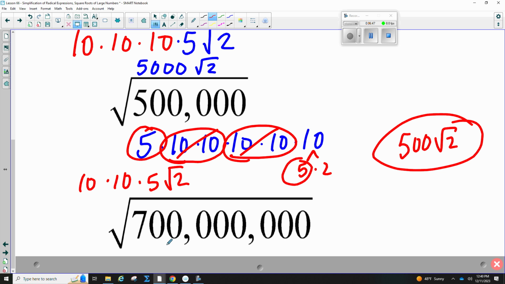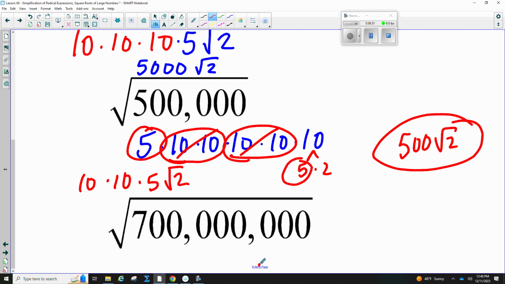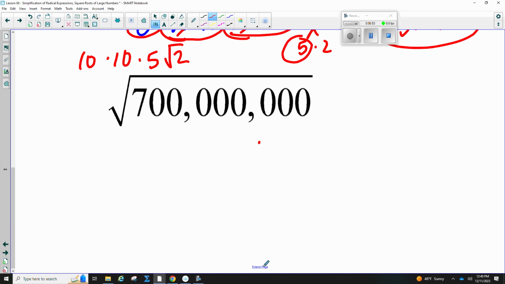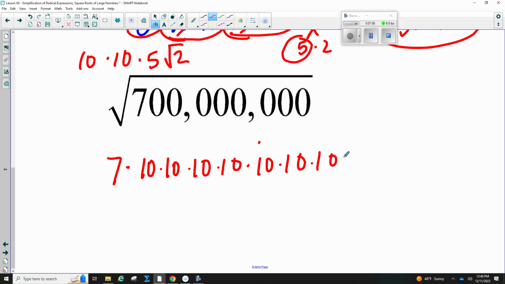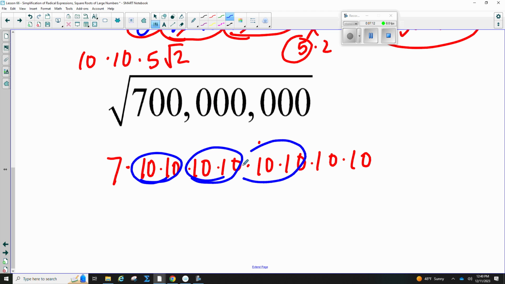All right, let's do one more. 700 million, the square root of 700 million. All right, how many zeros are there? 8. 1, 2, 3, 4, 5, 6, 7, 8. How many tens are going to leave the house? 4.